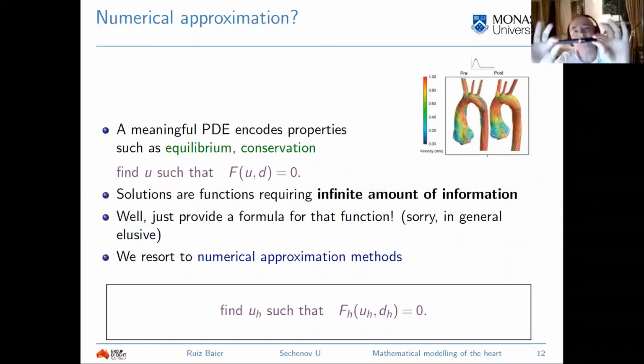So if I want to compute how this pen bends if I apply some force, I can describe this as an equation f of u, d equals 0, where u is the displacement, f is the operator of, let's say, elasticity, plasticity, whatever, and I have data, which is the force that I am applying. And could I do that?